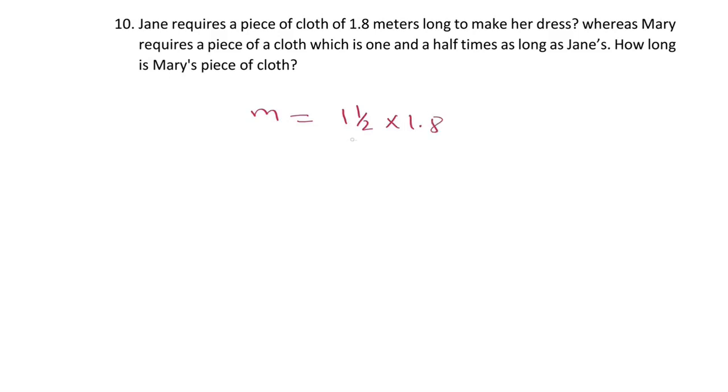Let us convert this part into an improper fraction. Then we are having 3/2 times 1.8, of which, solving this, we are having 2.7 meters. And this is going to be our answer.